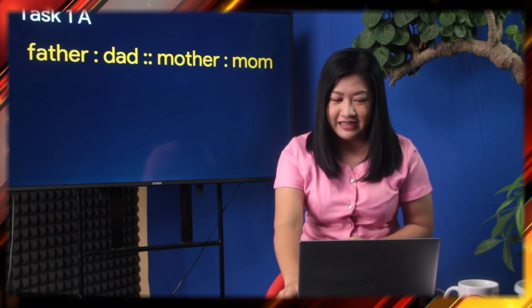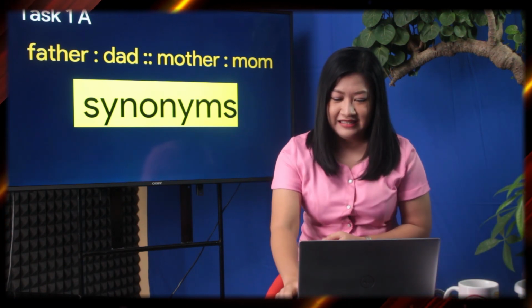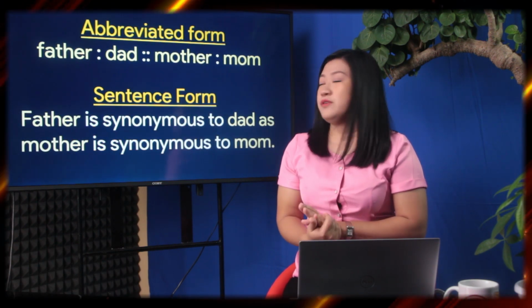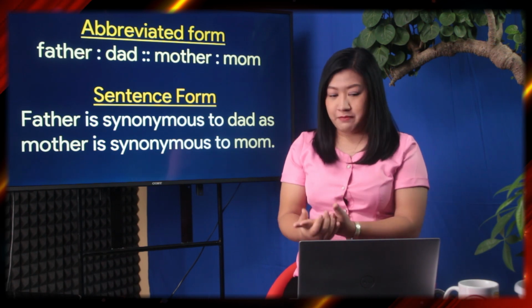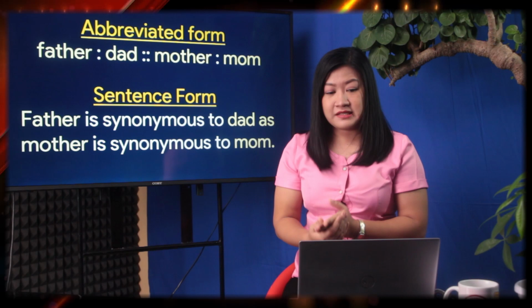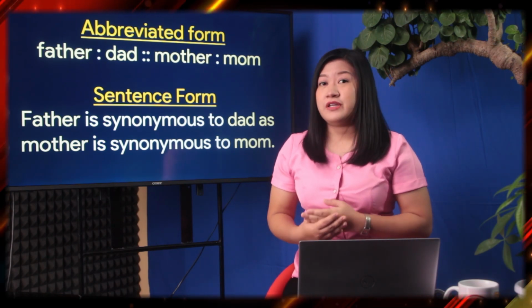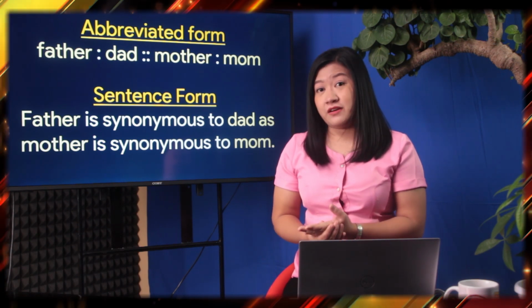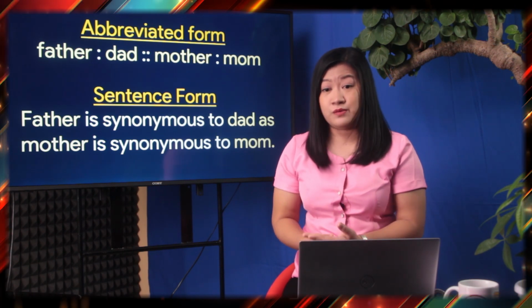If your answer is synonym, you are correct. As a sort of review also, there are two forms on how to read that statement. The first one is father is to dad as mother is to mom. And if you are going to read it in sentence form, father is synonymous to dad as mother is synonymous to mom.